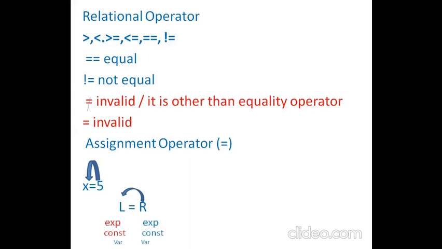Suppose if I write 5 equal to x, is that allowed? 5 equal to x, no, because a left hand side constant is not allowed. Okay, left hand side constants are not allowed. Getting it? Example, x equal to 5. So 5 is assigned to x.